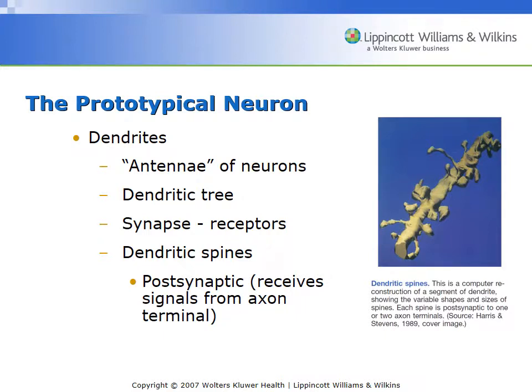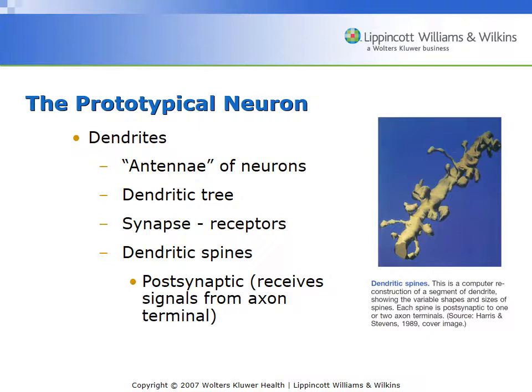So when an axon comes in contact with a dendrite, we have basically the membranes of these two cells coming together. And when we talk about the synapse, as we earlier described, we have these two membranes that are in contact with each other. If we look at that cleft between the synapse, we have a membrane on the receiving end, which would be the postsynaptic membrane, and a membrane on a transmitting end, which is the presynaptic membrane. So presynaptic denotes a membrane on an axon, postsynaptic denotes membrane on a dendrite.